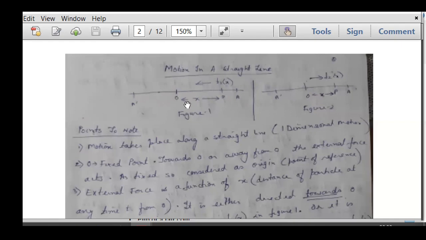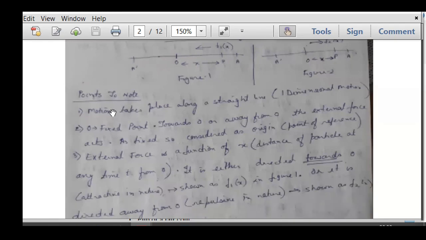Now we are taking into consideration motion taking place along a straight line, so one-dimensional motion. Whenever we do this type of problem, we will see later that we have to mention some specific properties or notations first.